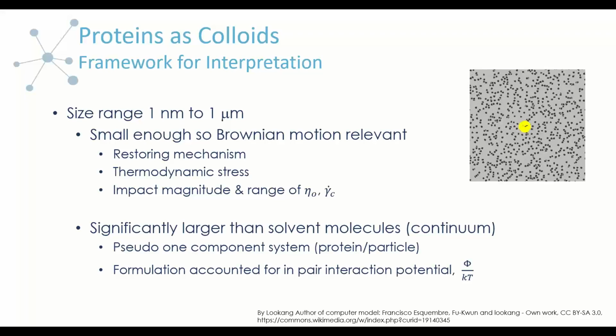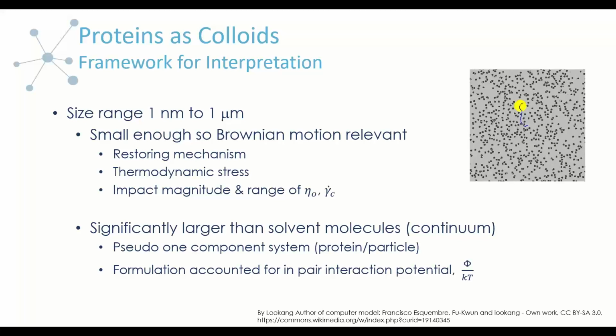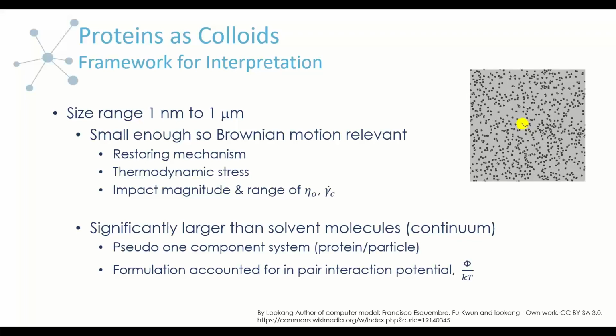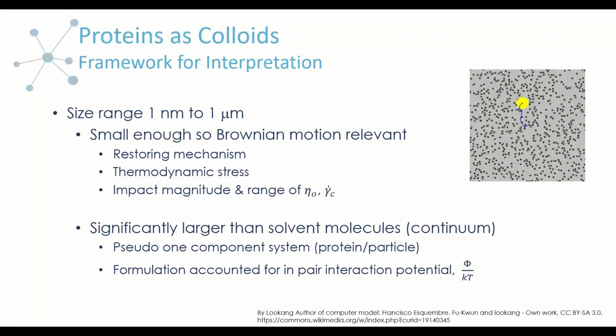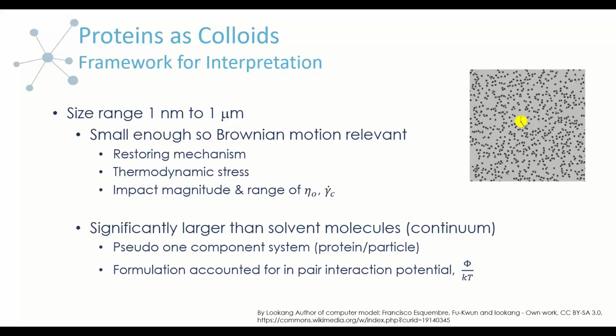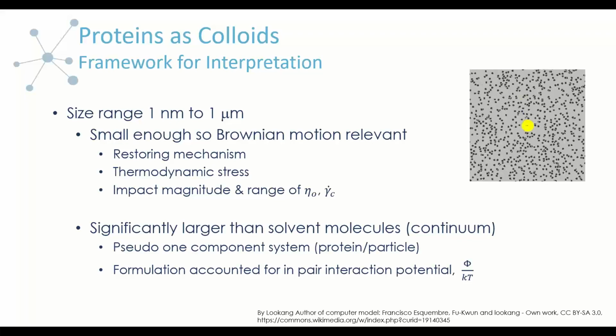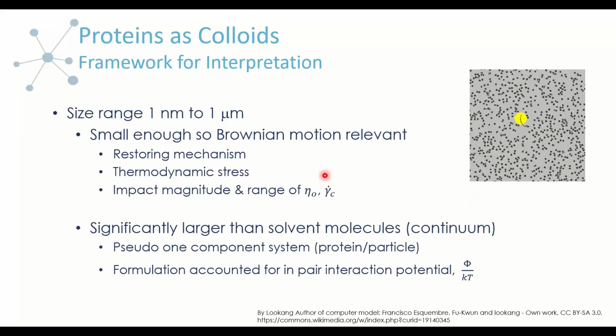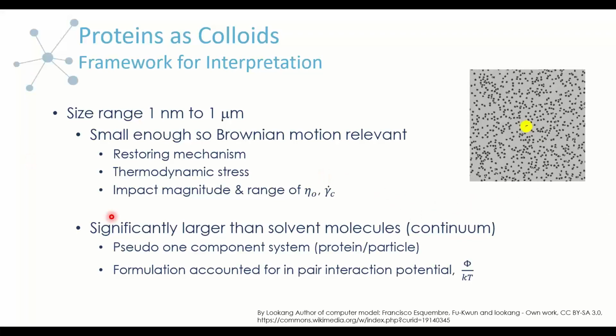But colloid science is sophisticated enough to model protein behavior in solution reasonably well. In our solutions, the size range of proteins is between 1 nanometer to 1,000 nanometers, or 1 micron. And at this size range, Brownian motion is relevant.